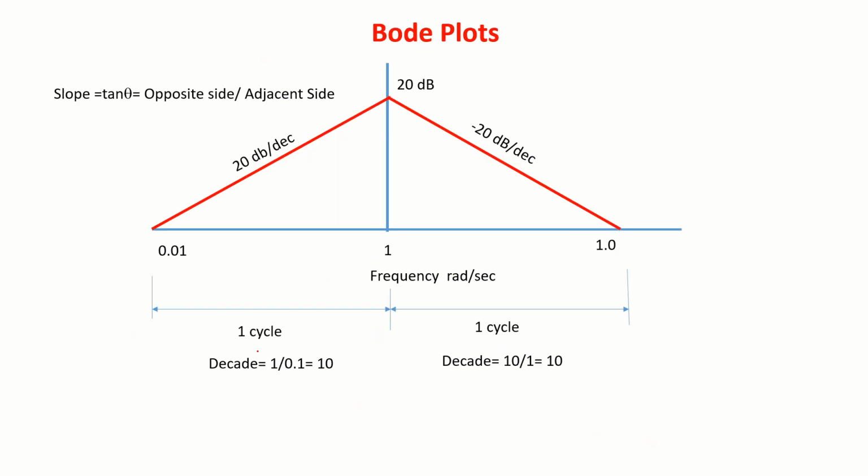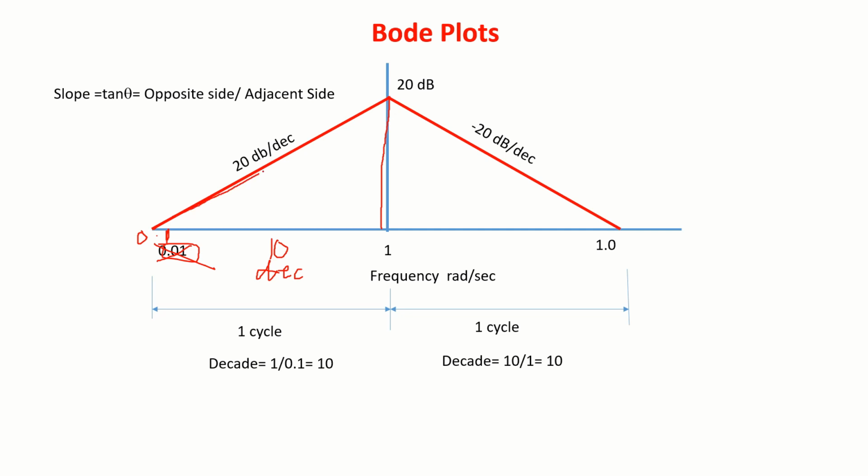Now suppose, I think it is wrong. This is 0.1. 1 by 0.1 is 10. So it is a decade, 1 cycle. If the opposite side is 20 dB, the adjacent side is 1 decade.